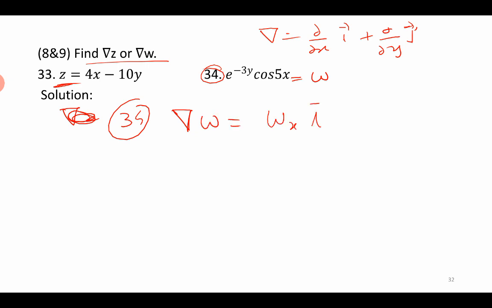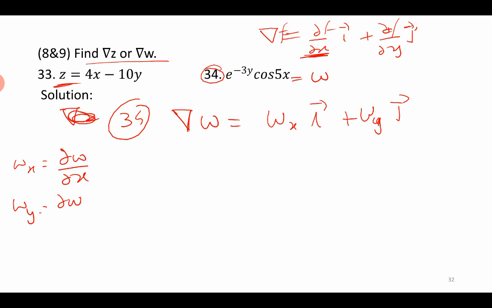Wx i vector, wy j vector, that is it. Wx is nothing but dou w by dou x. Here in the first term of the del, the function, if this is f, this is dou f by dou x, this is dou f by dou y, right? Wy is dou w by dou y.